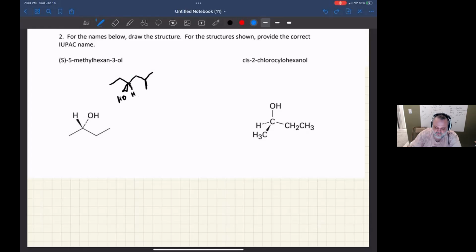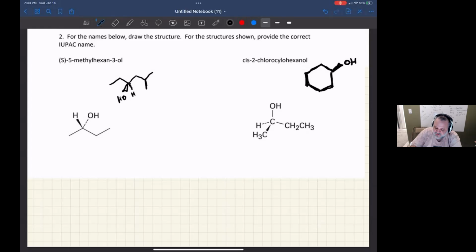All right, what about the next one? It looks like I have cis-2-chlorocyclohexanol. Why didn't I use a number to tell the reader where the alcohol was on my cyclohexane ring? That's because the alcohol takes priority, so it's always at the 1 position.